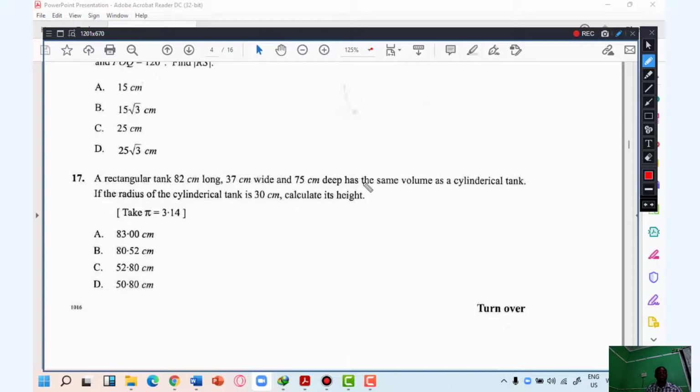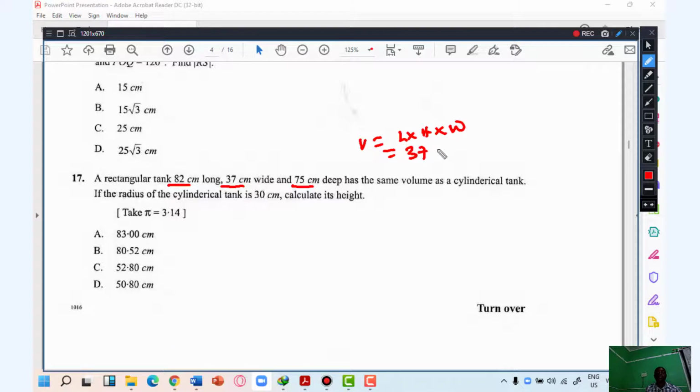Okay, so we move on to question 17. It's saying that a water tank, 82 centimeters, 37 centimeters, and 75 centimeters depth has the same volume. So the moment they say volume of a water tank, it is length times the height times the width.